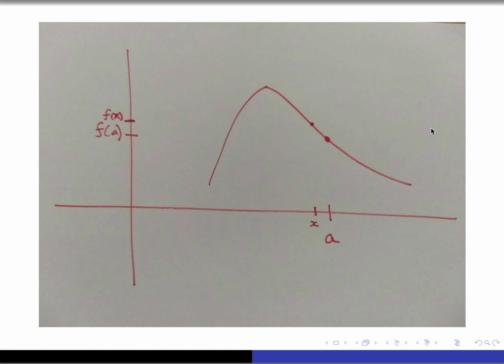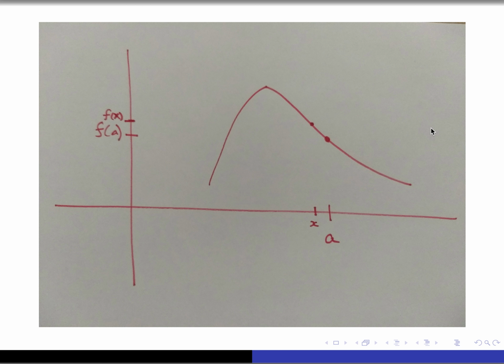We went up a little bit, from f of A up to f of x. But if we wanted to make these points closer together, then the function values would get closer together.